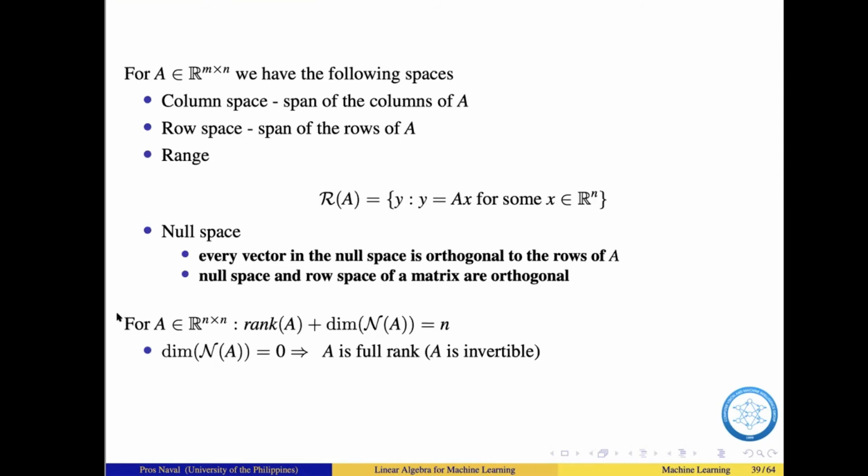Again, for an n by n matrix A, you have the following formula: the rank of A plus the dimension of the null space of A is equal to n. So when the dimension of the null space of A is 0, we say that A is full rank, and A is therefore invertible.